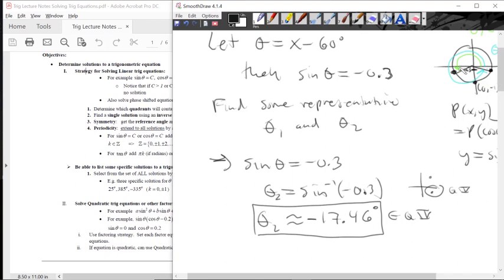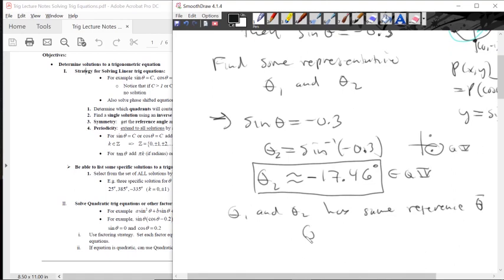But what about the quadrant 3 solution? Notice that theta 1 and theta 2 have the same reference angle as each other, call it theta bar. What is that reference angle? Now that we already have a solution for theta 2, negative 17.46 degrees, we can find its reference, which would be the rotation back to the x-axis. That amount of rotation would be positive 17.46 degrees. Now find theta 1.